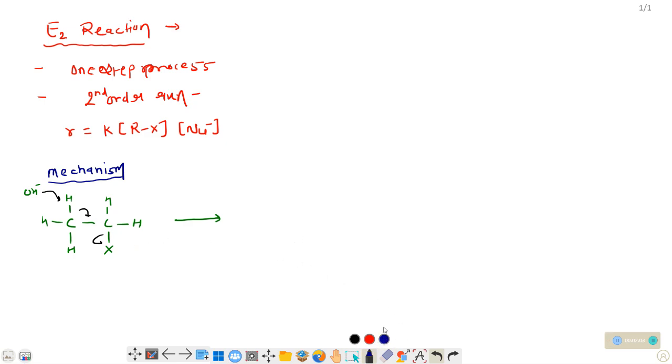So here we only get a transition state, with carbon, carbon, hydrogen, and any leaving group, such as a halogen. The nucleophile removes this hydrogen.